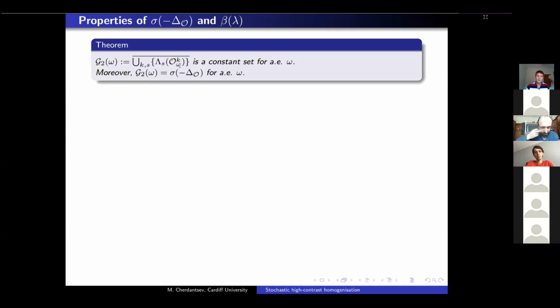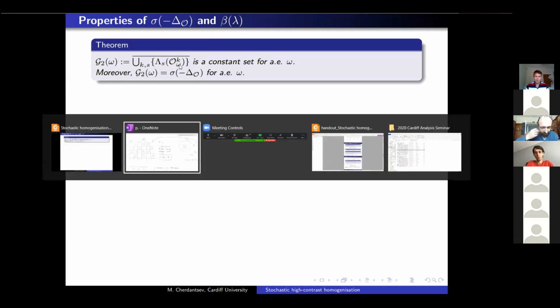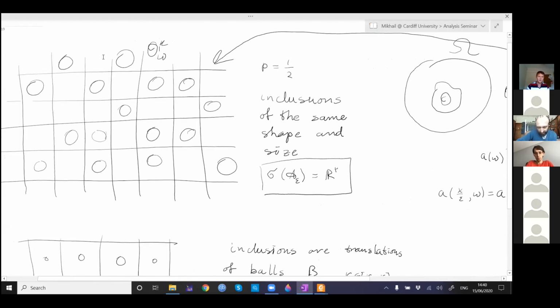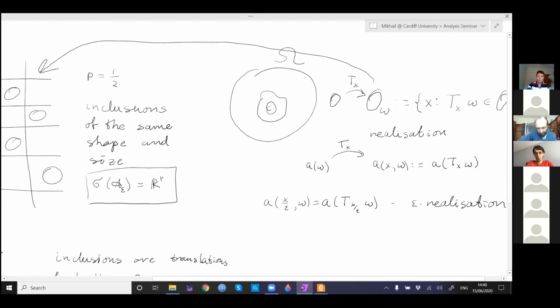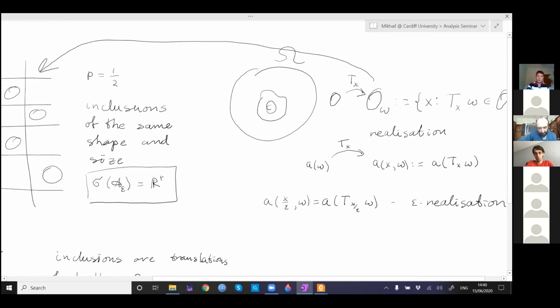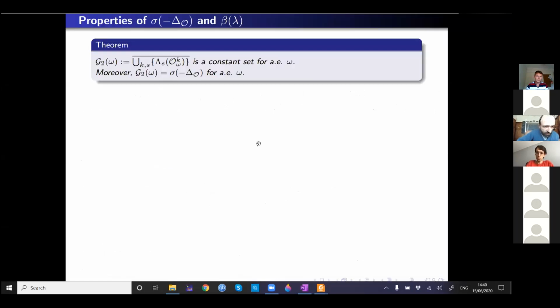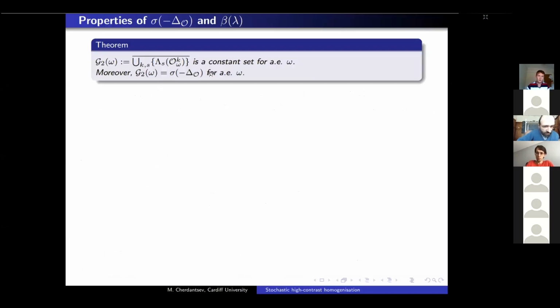Here, omega is fixed. What does it mean that omega is fixed? When we have a certain random distribution of inclusions, it means that we fix omega and work with this operator. The operator A epsilon is defined for a fixed omega, but then you can cast your dice once again and have a completely different distribution of inclusions. It will be a different operator, right? So when we fix omega, we speak about one particular distribution of inclusions.